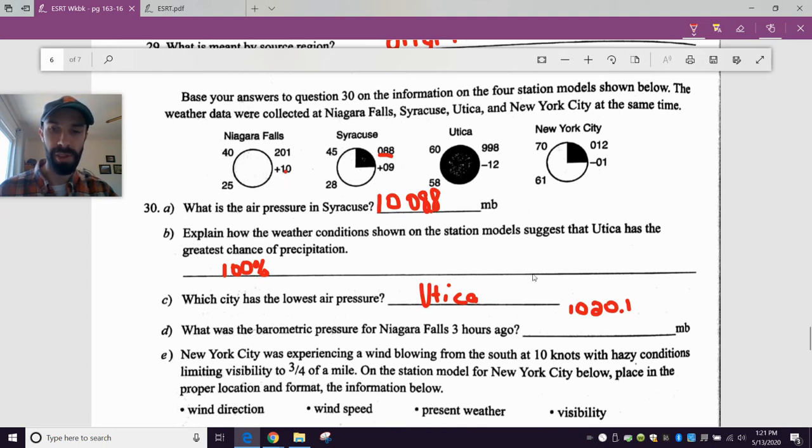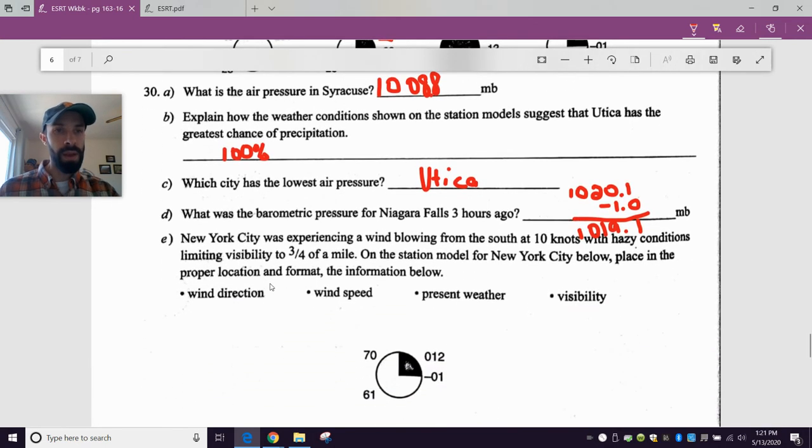You have to add the decimal in there. 1 millibar over the last 3 hours. So what was it 3 hours ago? Well, it was 1 millibar less. So we have to subtract 1 millibar from this. We actually do the opposite of what it says here. It's gone up 1 millibar. We have to go back. So go back 1 millibar. That's going to be 1019.1. That's a tricky question.